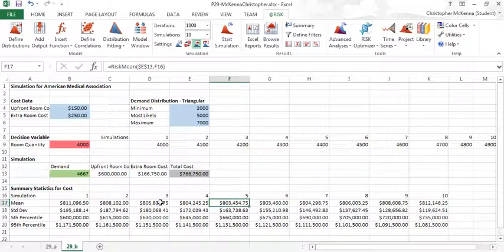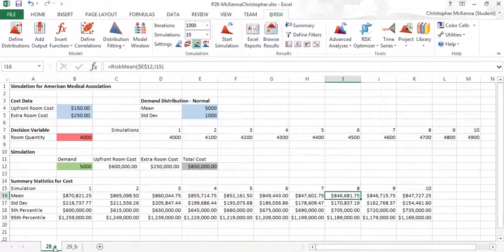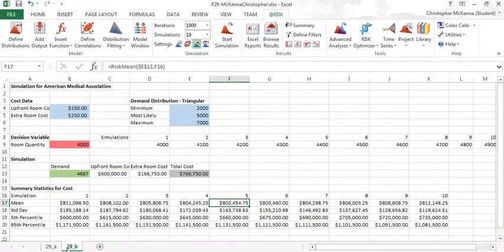So we do get a different result here. In our first simulation, we decided that they should book 4,700 rooms, which is our 8th simulation. And in our second part, we determined that we should book 4,400 rooms, and that would be the cheapest. We do get a difference here, and it's all due to the fact that we have different distribution models.